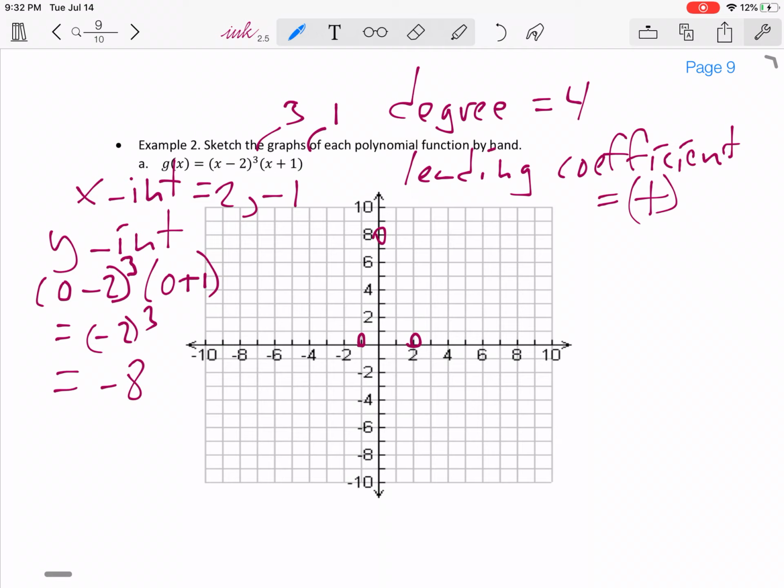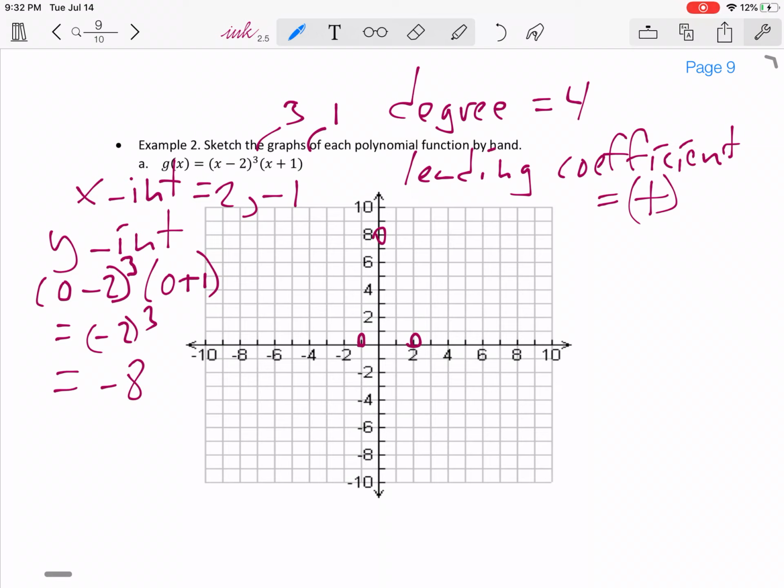Basically you want to look at your intercepts: to the left of the intercepts, in between the intercepts, and to the right. For example, let's look at -4, which is to the left of the -1 intercept.